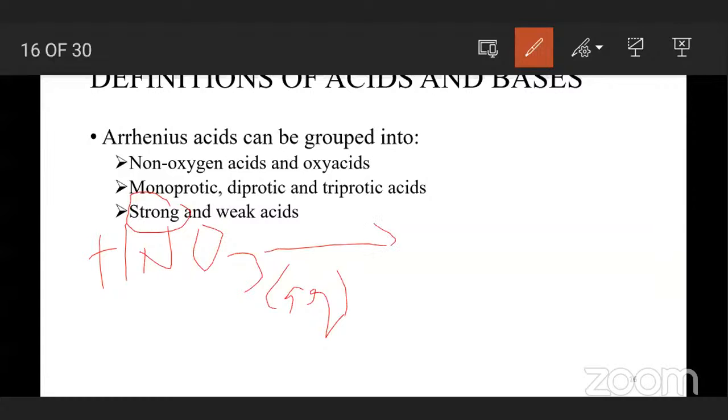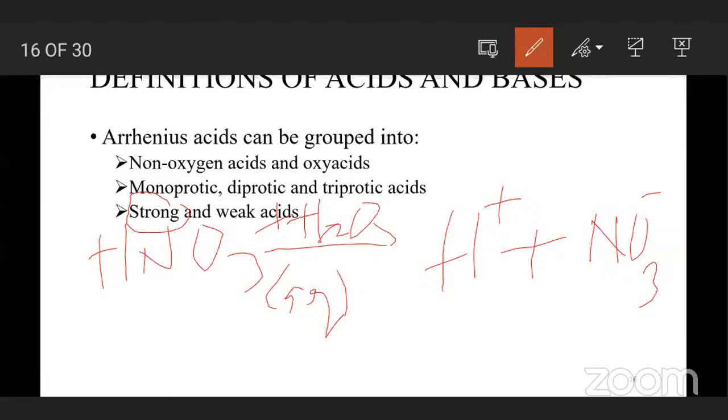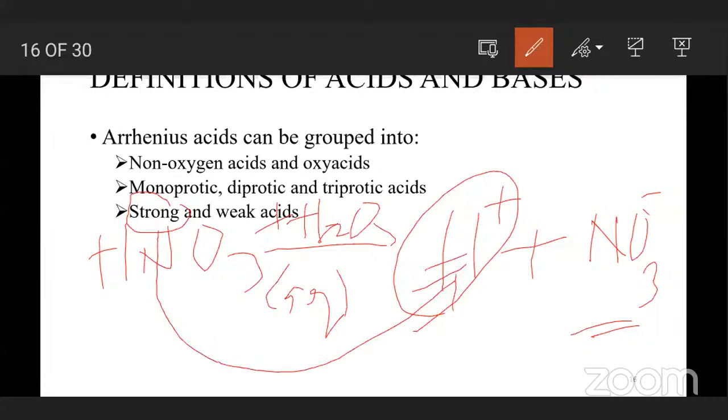In solution, this acid releases all its hydrogen ions. All the hydrogen ions are well dissociated, and you have the NO3 ion there, which is the anion. So you have the H plus completely dissociated.